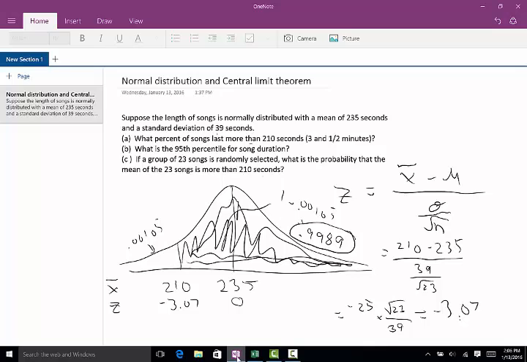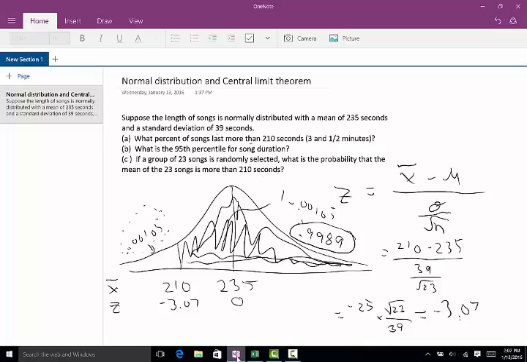Pop songs come out and they're really short. So if you took a sample of 23 songs that came out in July and you got a mean of 210 minutes, you would say, hey, that is weird. The probability of that happening for any 23 songs is less than about 1/10 of 1%.